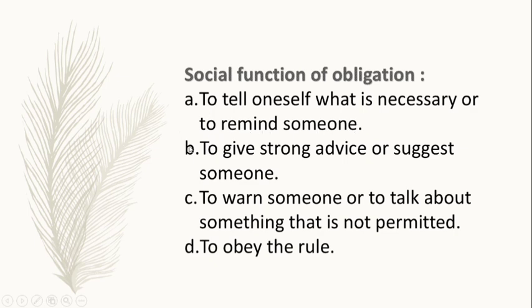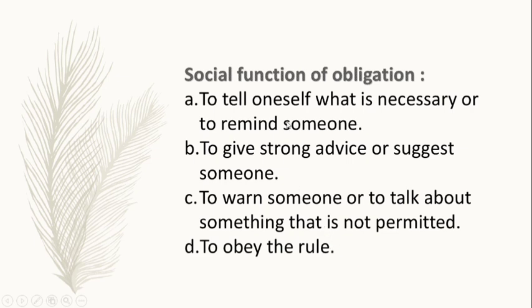The second social function of obligation is to give strong advice or suggest to someone. And the third is to warn someone or to talk about something that is not permitted. And the last is to obey the rule.